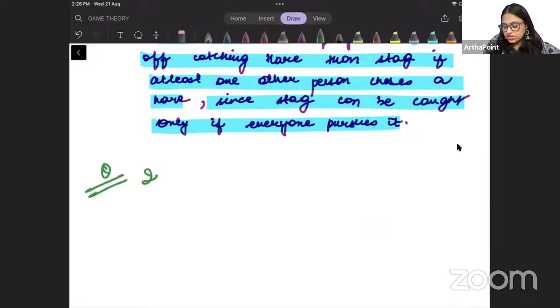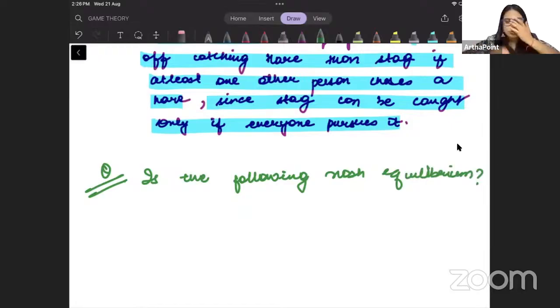If I ask you, is the following Nash equilibrium? And मैंने क्या बनाया यहाँ पे बच्चे? What am I making? I am doing something like this. Stag, stag, stag.